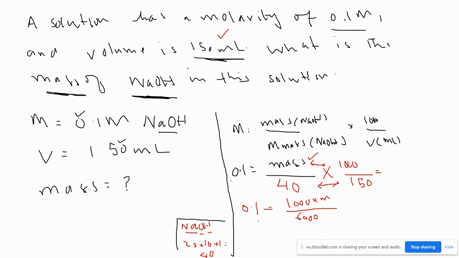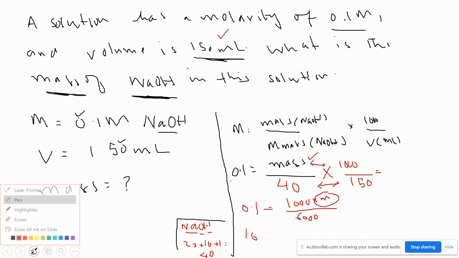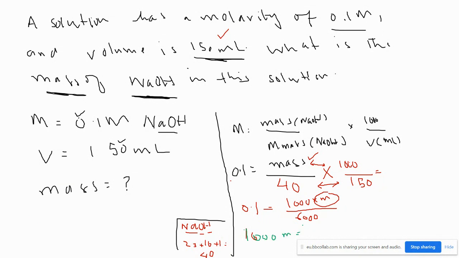Okay, so now 0.1 is equal to 1000 times m divided by 6000. Now we need mass. It means 1000 m will be equal to 6000 times 0.1. It will be equal to 600.